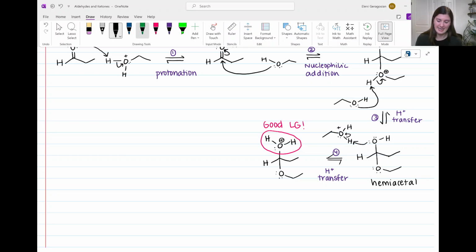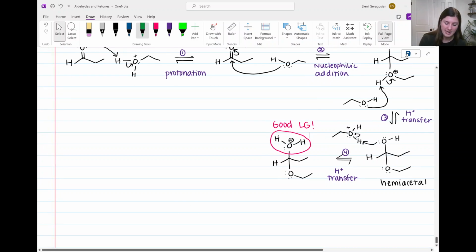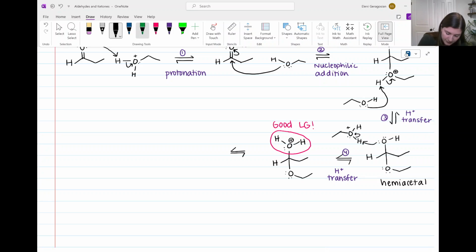So the next step, we are now eliminating water. So we are on step 5 now. Step 5, we eliminate water.